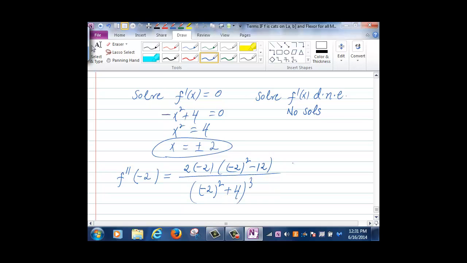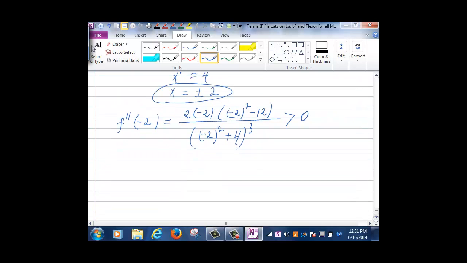And would you agree with me that this is positive? So I have a local max at x equals -2. Oh, sorry, positive means local min, right? I'm sorry. If the second derivative is positive, it means that the function is concave up. It means I have a local min.